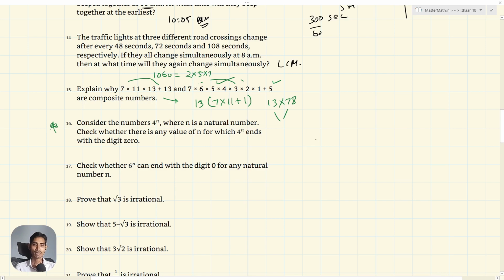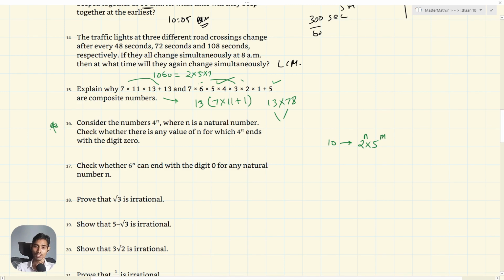A number ends in digit 0 if it has 10 as a factor. And 10 means not only 10, it could be multiples of 10. So 2 and 5's powers, it could be the same powers or different powers, right? So I'm writing it, n and m. If one of them is missing, then it does not end in 0.